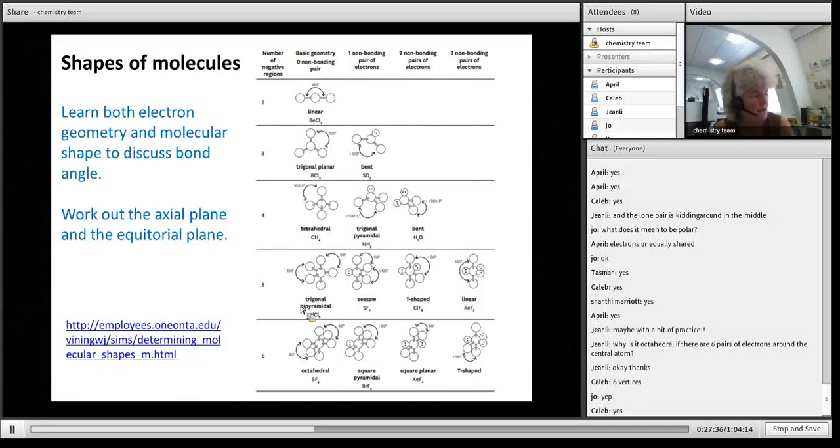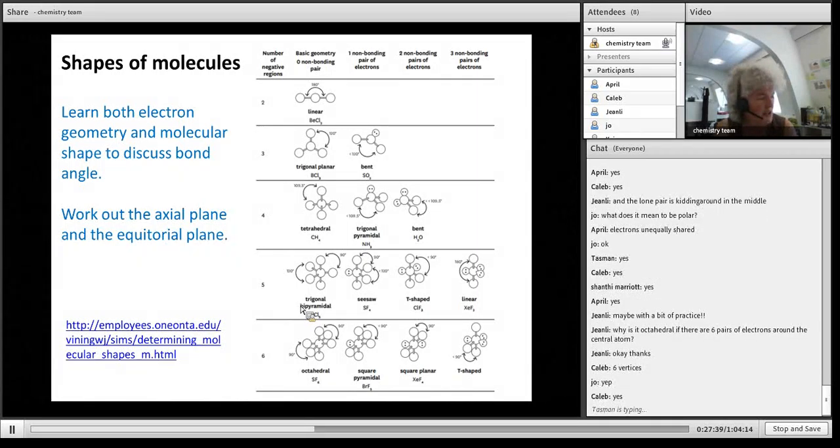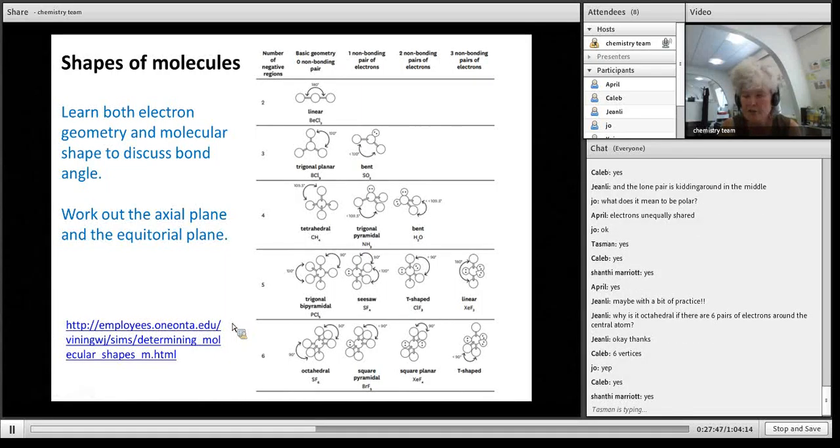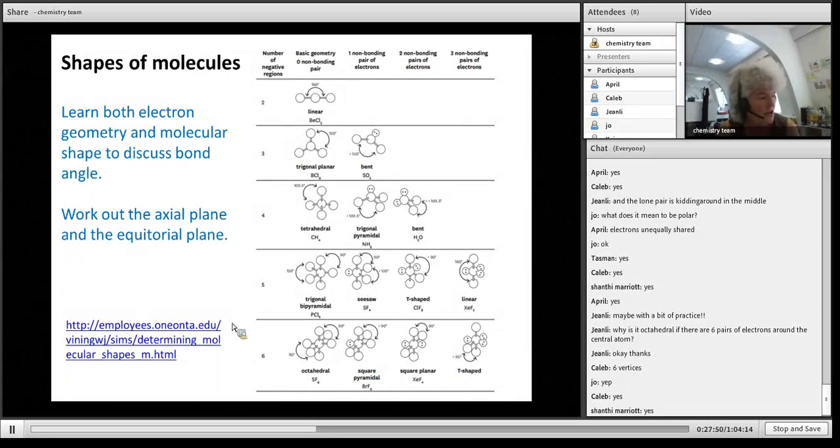Okay, now, just as I had those simulations last week with the electron configurations and so on, in OTL there's also a simulation where you go through these steps to work out the molecular shape. So go into OTL, click on those links, and you can practice on that yourself.